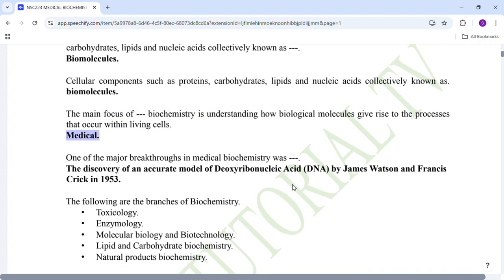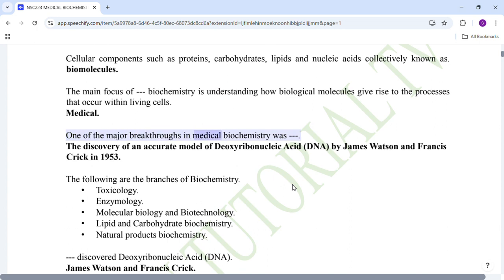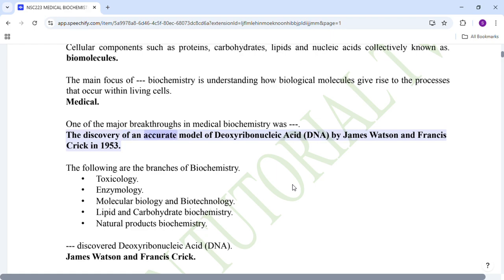One of the major breakthroughs in medical biochemistry was the discovery of an accurate model of deoxyribonucleic acid, DNA, by James Watson and Francis Crick in 1953.